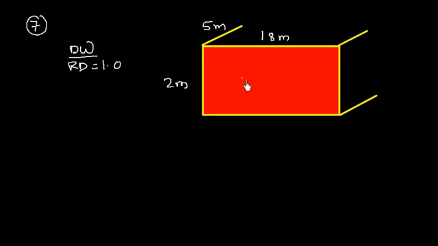Now let's do this problem number 7. A box-shaped vessel is 18 into 5 into 2 meter. So this is 18 meter into 5 meter into 2 meter in dock water of RD 1. So you are in dock water and RD is given, which is 1, at a draft of 1.4 meter.